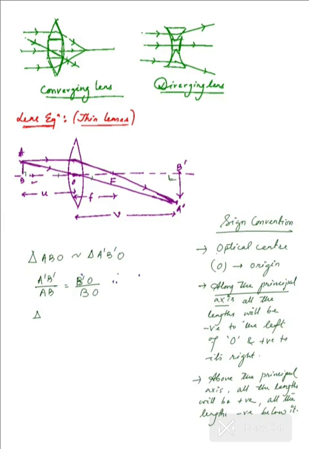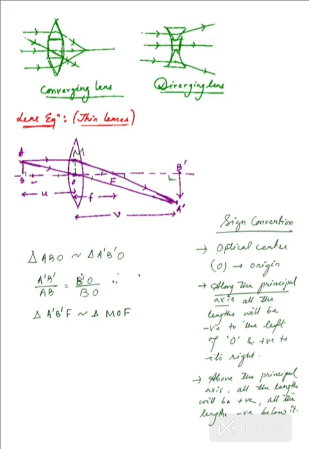Once again, we have the similarity of the triangle A dash B dash F, and that will be similar to the triangle MOF. That's because again we have two vertically opposite angles.